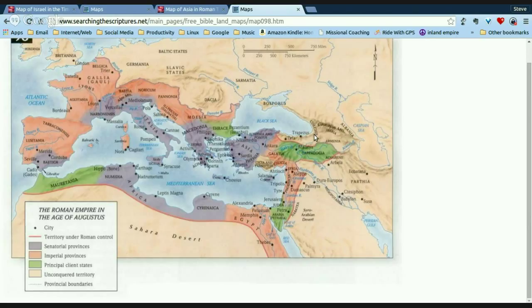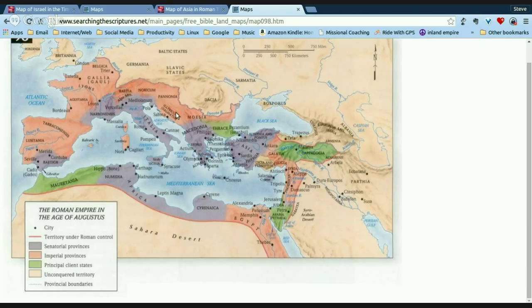The third thing that helped to spread the gospel and cause it to be a worldwide phenomenon is the exile, or what's known as the diaspora. And we'll see a map of that as well. So when we get to that period of time, or that map, I'll show you how the nation had been spread throughout the known world.